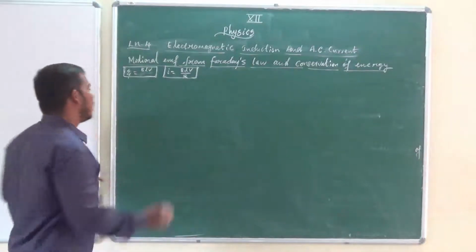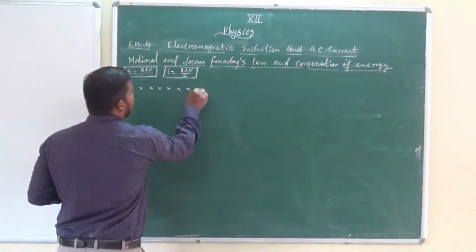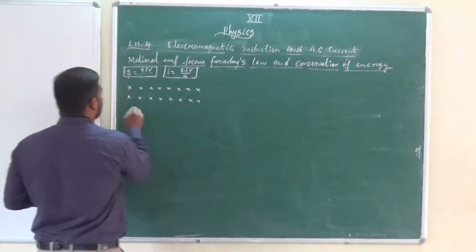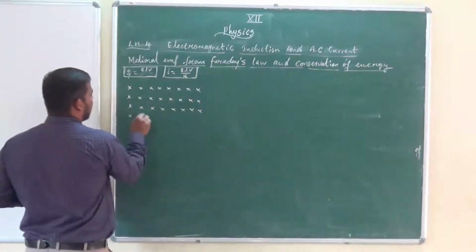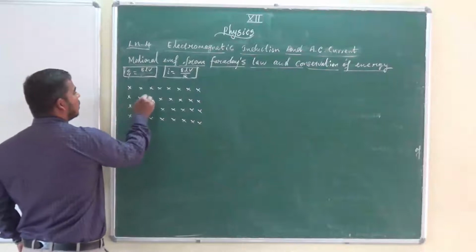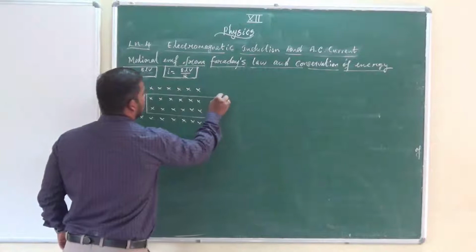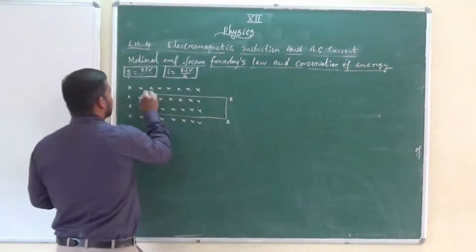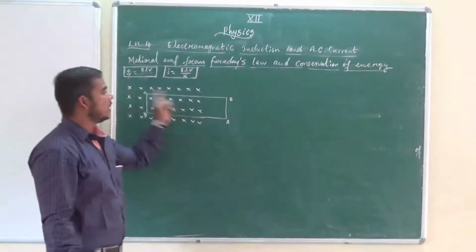I have already drawn the diagram, but now I will draw it roughly once again. I will consider a uniform magnetic field, and a rectangular loop ABCD.